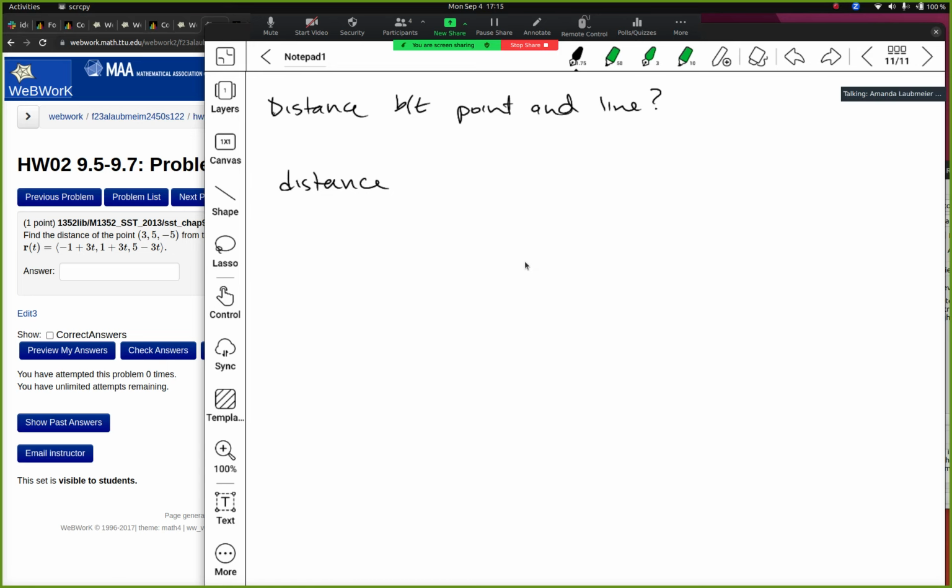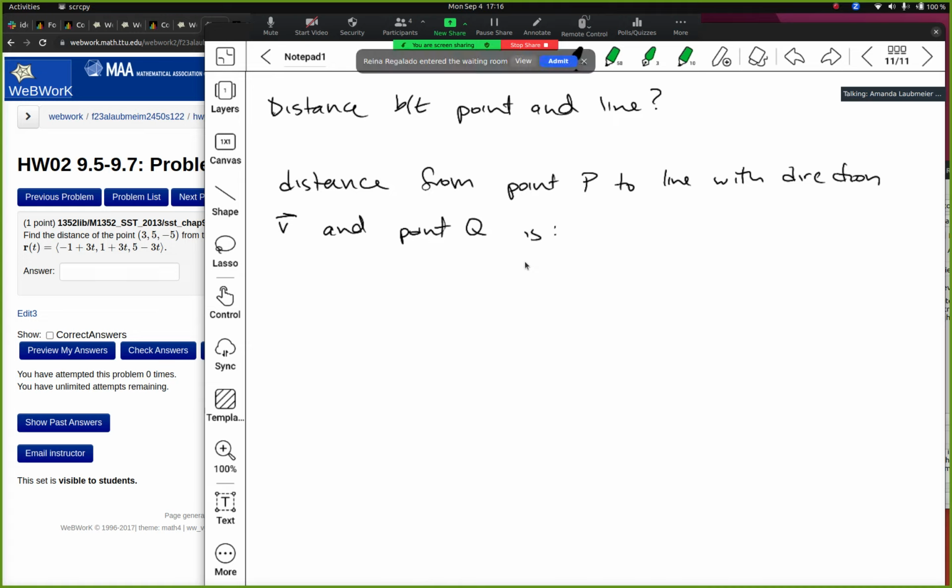That was given as distance from point P to line with direction V and point Q. And that formula is that distance is equal to the magnitude of V cross PQ divided by the magnitude of V.